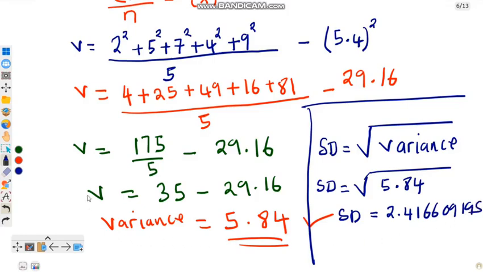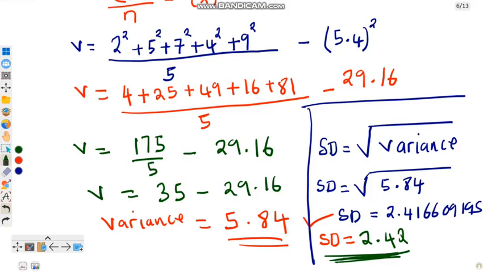So we can leave our answer correct to 3 significant figures, of which we'll say standard deviation is equal to 2.42. So this will be the standard deviation. As simple as that. Very simple. So we have answered our first example.